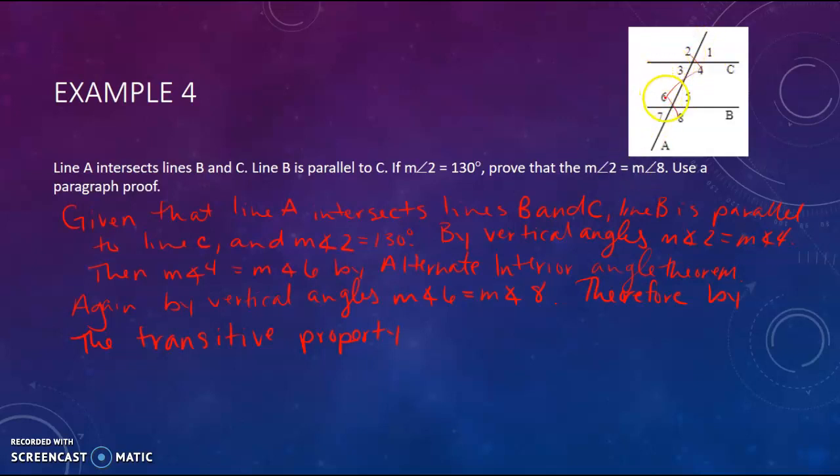Because angle 2 equals angle 6, and angle 8 equals angle 6, then that means that angle 2 equals angle 8. And so by the transitive property, the measure of angle 2 equals the measure of angle 8.